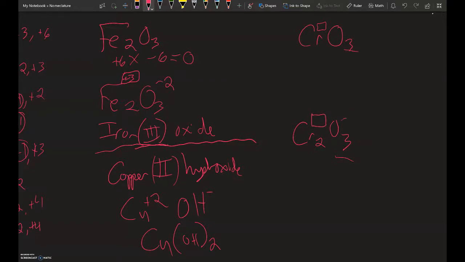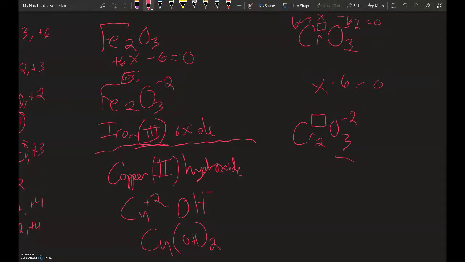Now we know the charge on the oxygens is -2, and since there are 3, that's a total of -6. Now we set this equal to 0 like we did earlier, and we're trying to solve for x in each case. For the top one, 6 minus 6 equals 0, so 6 in this case is your x.